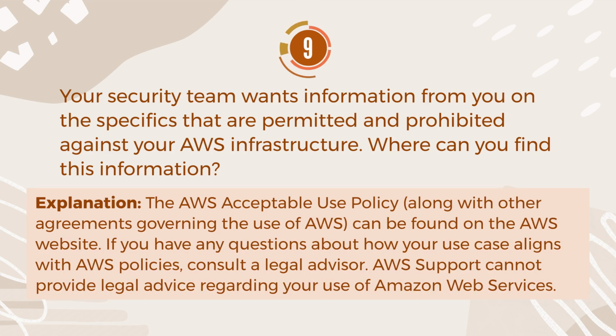Explanation. The AWS Acceptable Use Policy, along with other agreements governing the use of AWS, can be found on the AWS website. If you have any questions about how your use case aligns with AWS policies, consult a legal advisor. AWS support cannot provide legal advice regarding your use of Amazon Web Services.